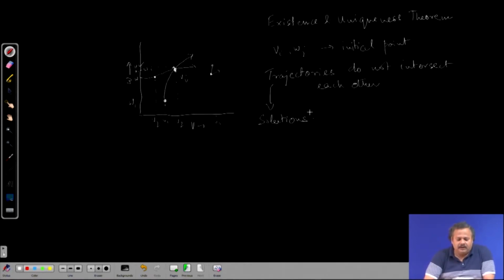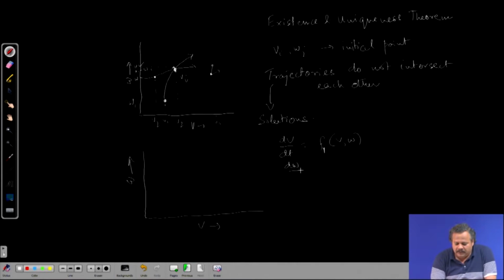The second part of this idea of the phase plane is that let us say we have this as the phase plane, V and W. Now, let us consider our system of differential equations, dV/dt equals some function F1 of V and W, and dW/dt is F2(V, W).